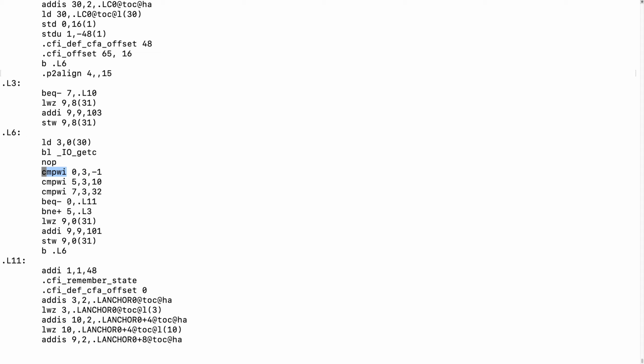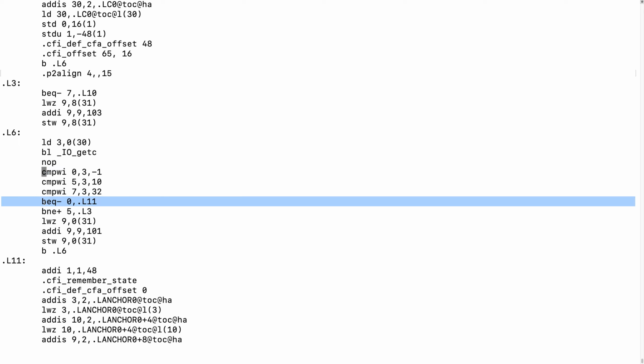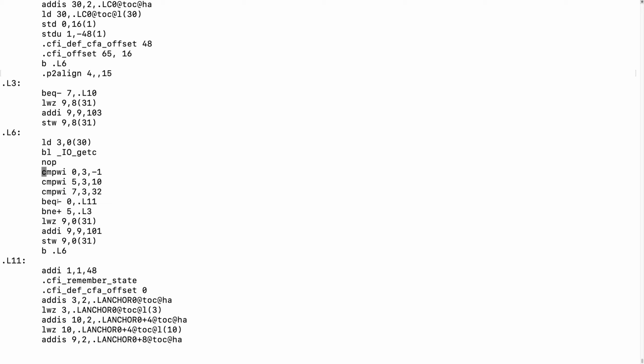But what is interesting here is that the first branch it does is branch equal with this field, which contains the value of whether c was equal to end of file. So it starts with comparing against end of file. And we can see it has a minus here, and that minus is the compiler's way of telling the processor that it probably won't take this branch.